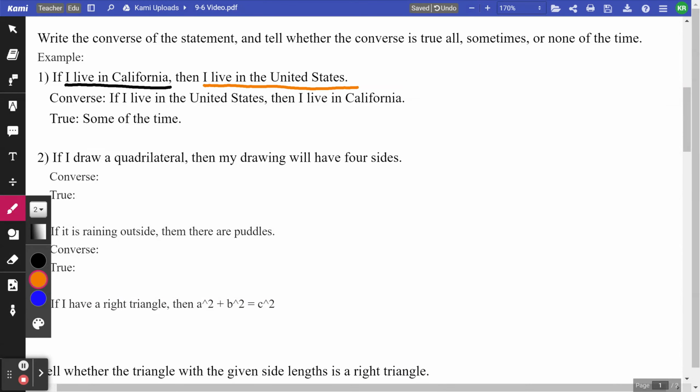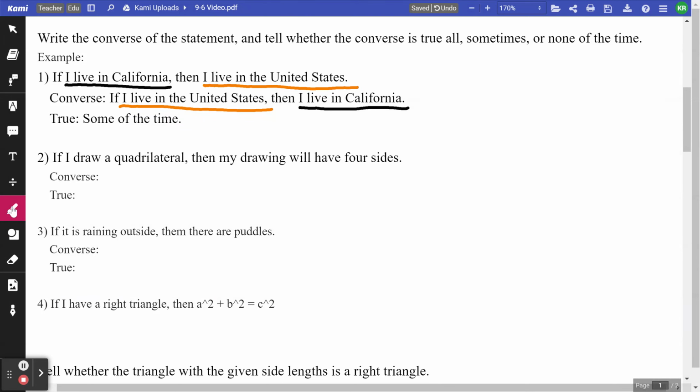The converse would be, if I live in the United States, so notice they've switched that, then I live in California. And that would be true some of the time, because just because you live in the United States doesn't mean you necessarily live in California, although you might.